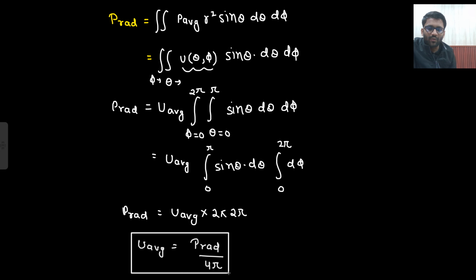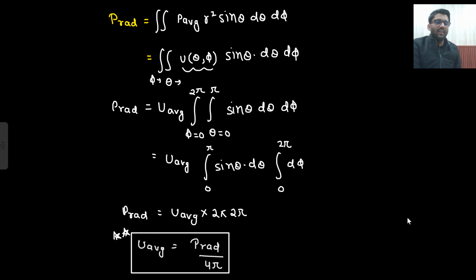A very, very important formula. For any antenna, if I ask you what is the average radiation intensity, that is P radiated upon 4 pi. Look, this is the radiation intensity of isotropic antenna, but for any antenna, if I ask you what is the average radiation intensity, then it will be P radiated upon 4 pi. You are not understanding my point.